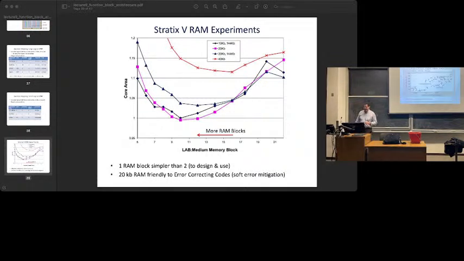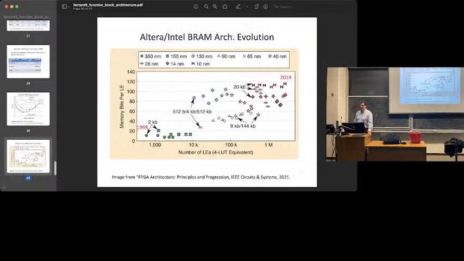This is an overall slide that shows the evolution of Intel's block RAM architecture. Before 1995, FPGAs didn't have block RAM. The very first FPGA with block RAM came in 1995 from Altera, and it had really small block RAMs, 2 kilobits. But that still seemed really big compared to using registers or LUT RAM.